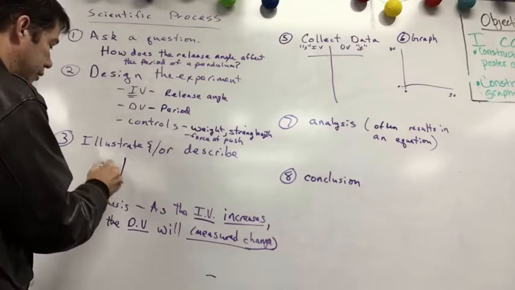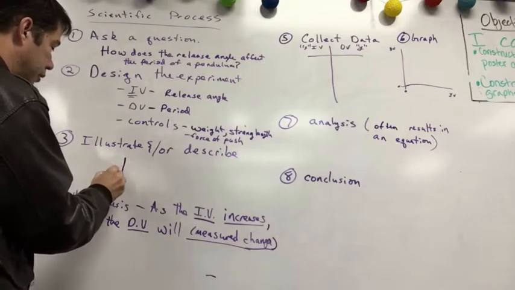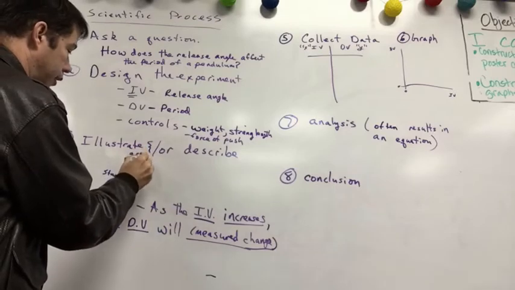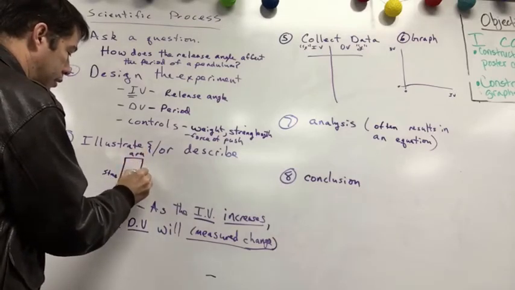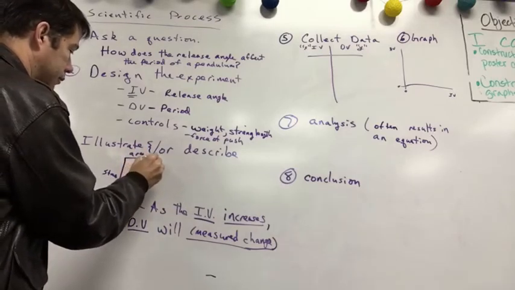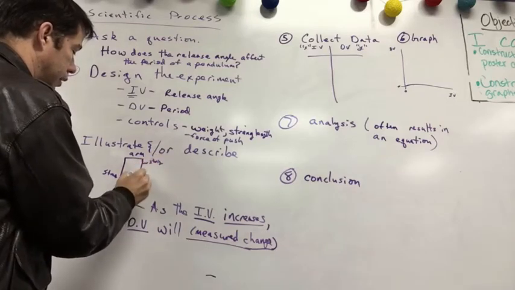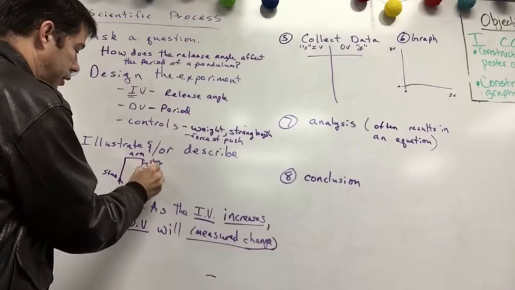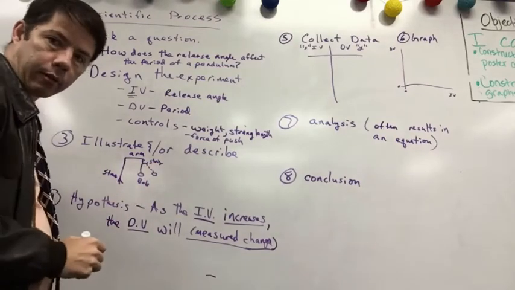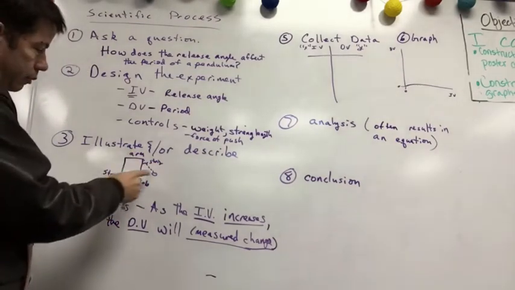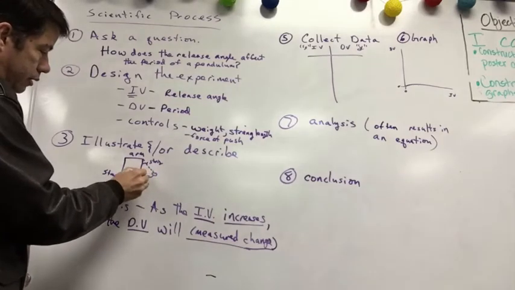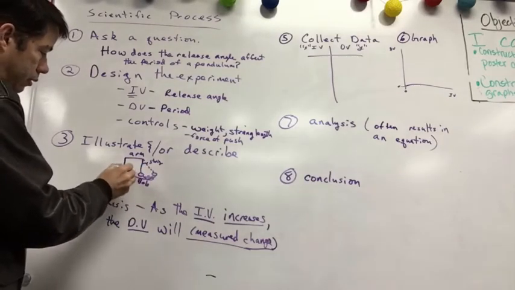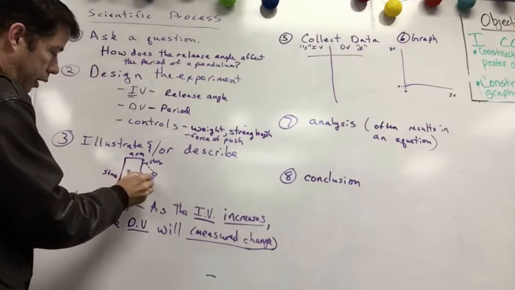We've got our stand, and we've got the arm, and then we've got the string, and it's called a bob, and we're going to pull it back and release it. So we've got our pendulum, and then it's going to swing back and forth. It's actually going to swing all the way over, and then come back.